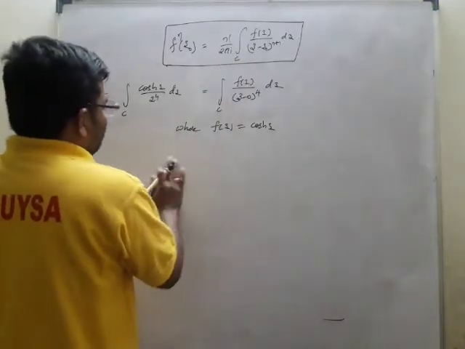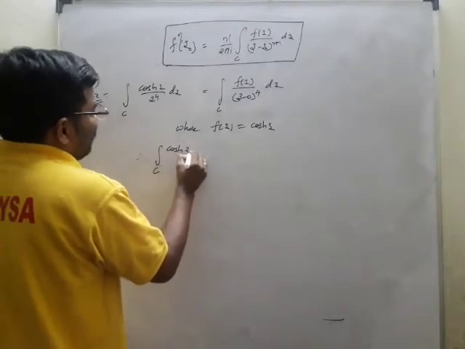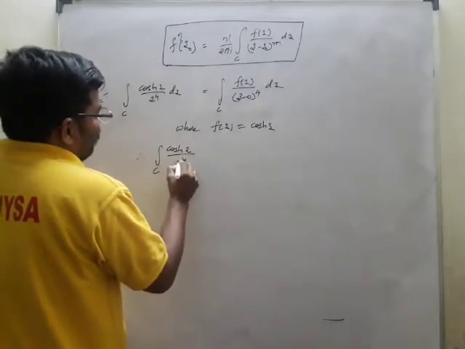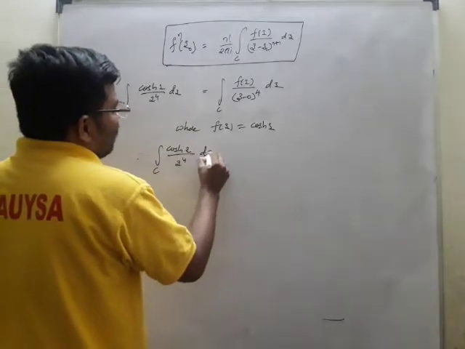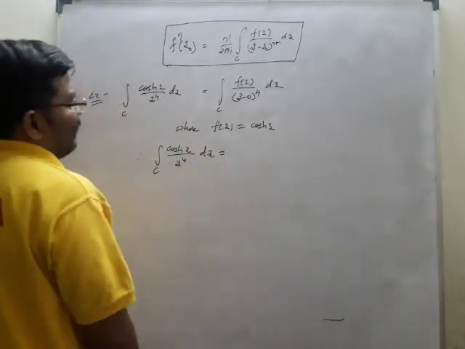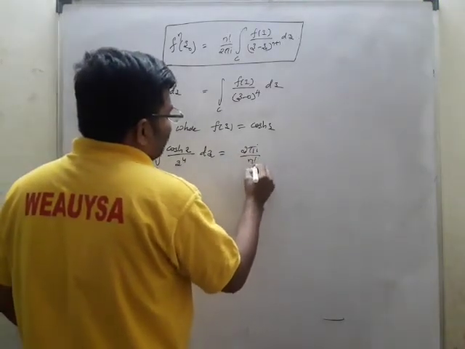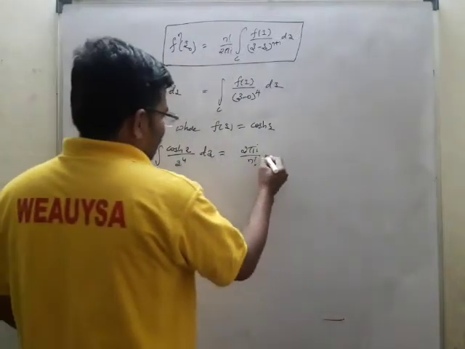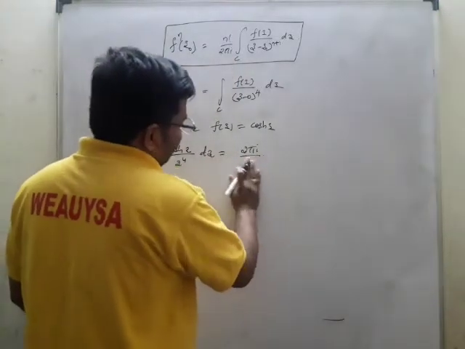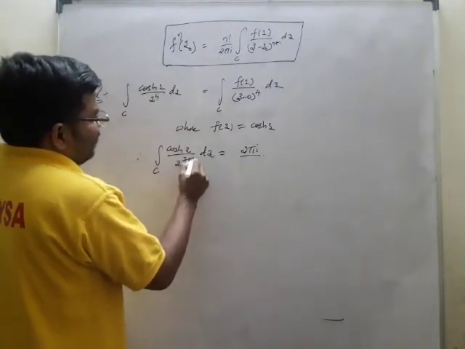So what we'll write is integral c cos hz by z power 4 dz is equal to, I may write this as 2 pi i by n factorial. I'll take this n factorial to this side, and I may write the power 4 as 3 plus 1.